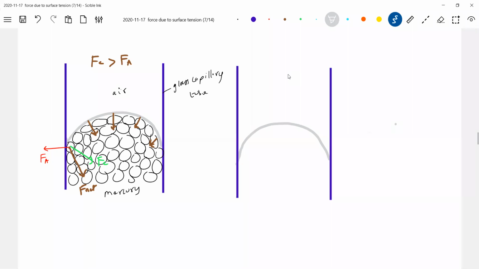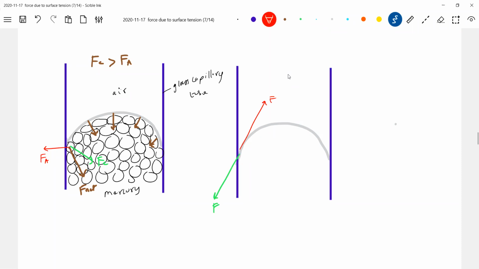This is the angle of contact. Now here we were showing forces, no? The mercury will exert force on the glass like this. And in turn, the glass will exert force on the mercury in this direction.